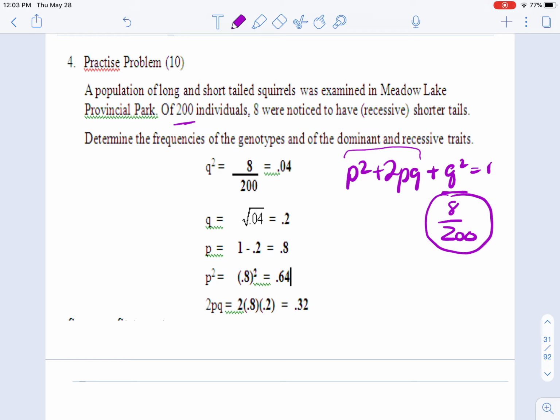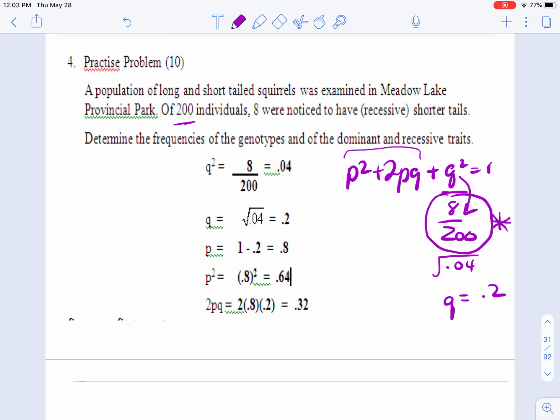But if they tell you it's 8 out of 200, you may have to put that in your calculator first and find out that 8 out of 200 is 0.04. Then you can square root that q squared, because that is q squared, the 8 out of 200. Then you square root that to get your q, which is 0.2.